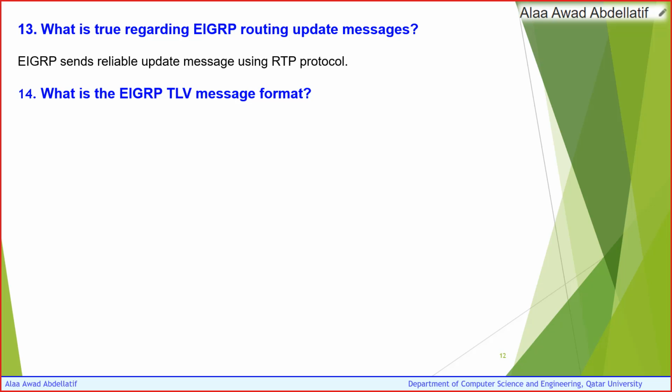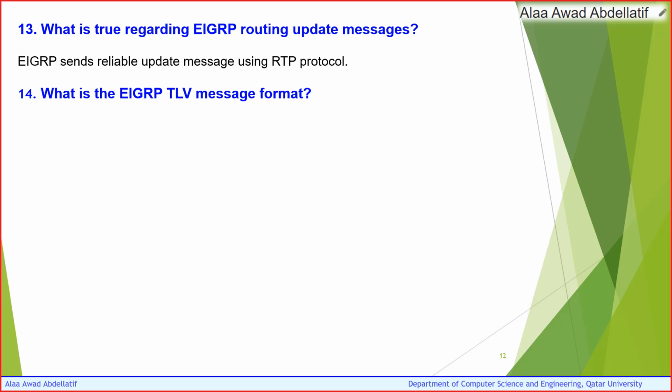Remember, EIGRP uses the RTP protocol, or Reliable Transport Protocol, to send the different messages of EIGRP. And for EIGRP routing update packets, it uses a reliable protocol because, as we said, the RTP protocol supports reliable and unreliable communication. So to send the update message, EIGRP uses a reliable protocol. So EIGRP sends reliable update messages using the RTP protocol.